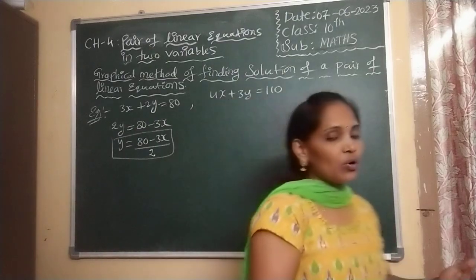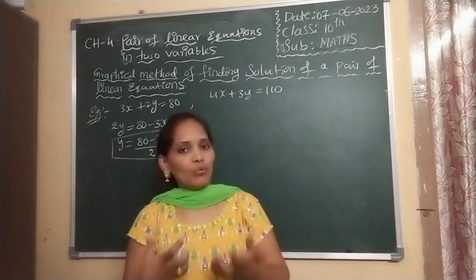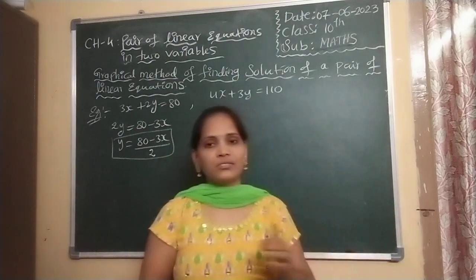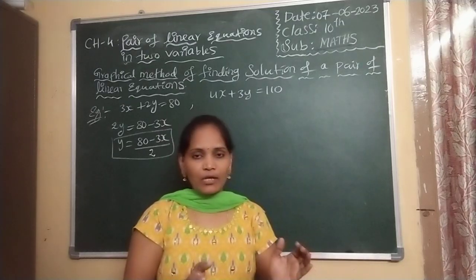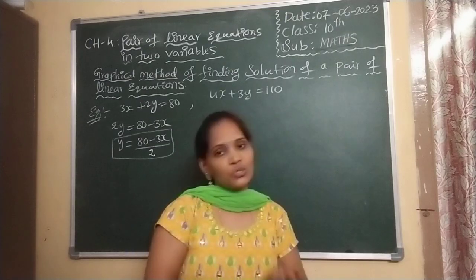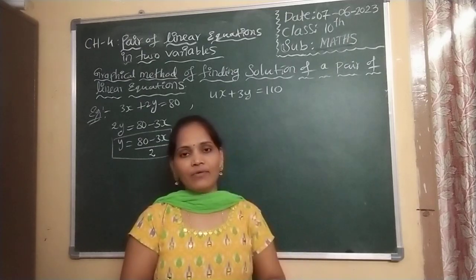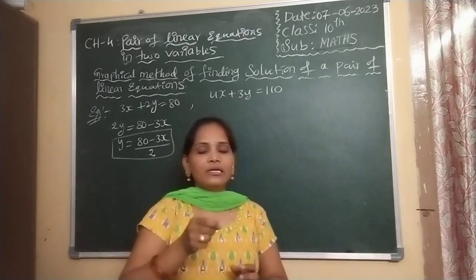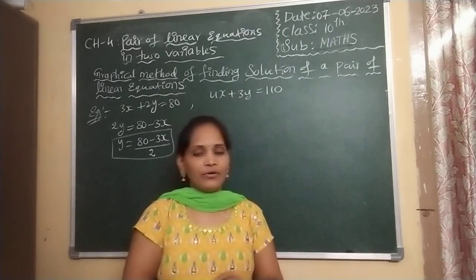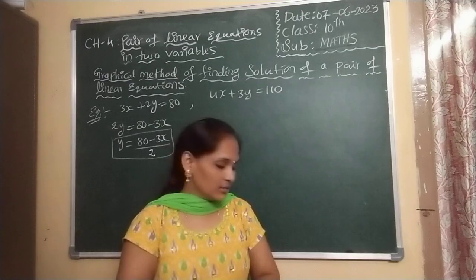In the previous video I said we can take our own values, any 5 or 6. If you take any 5 values of x, then you get the corresponding y values. For those 5 values of x and y, you can plot the graph.